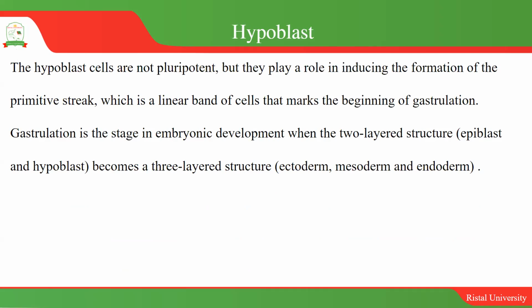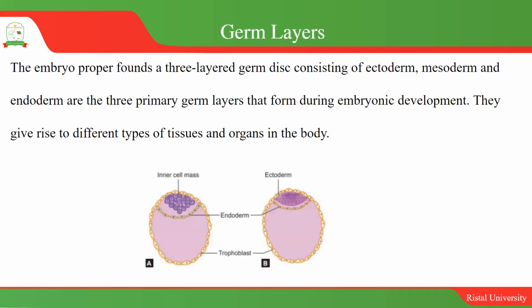Okay, they cannot form other types of cells, but they play an important role in the formation of the primitive streak, which is a linear band of cells that mark the beginning of gastrulation. Gastrulation is a stage in the embryonic development where we have that two-layered structure, the epiblast and the hypoblast, that we say give rise to the ectoderm, mesoderm, and the endoderm.